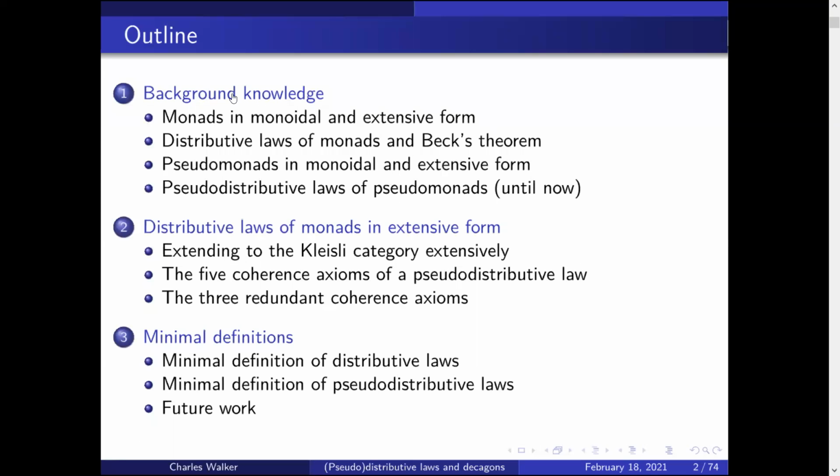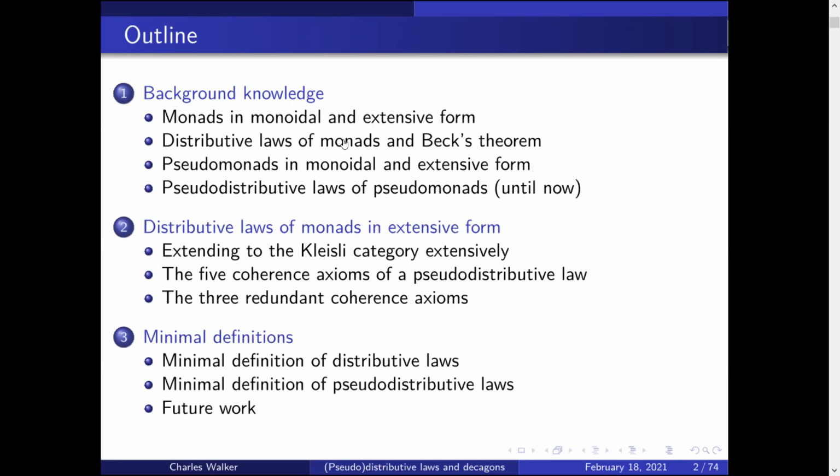Right, so I'll start off just by giving some background knowledge. The definition of monads in the usual monoidal form, and also this extensive form, which is in Walters' PhD thesis and also in a paper of Menezes.